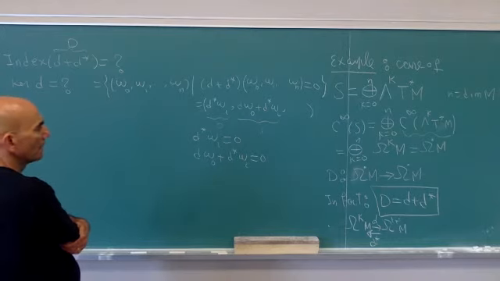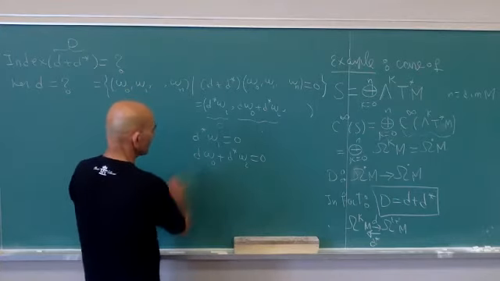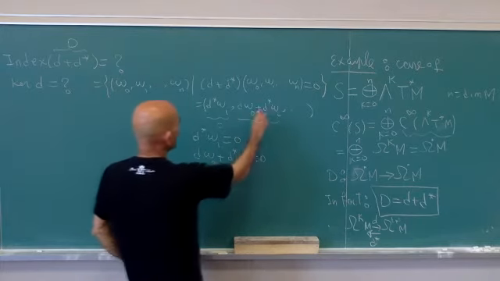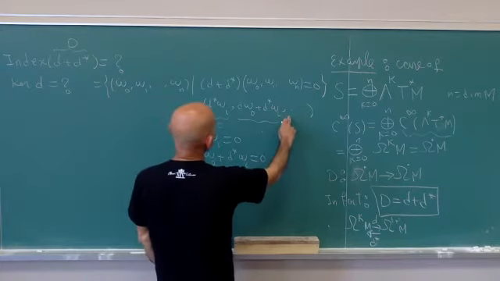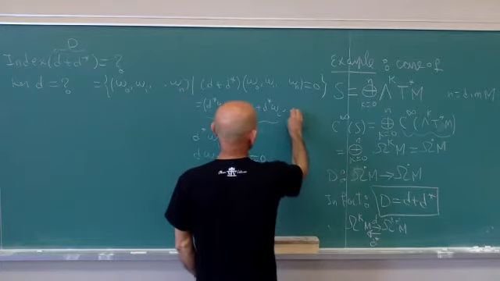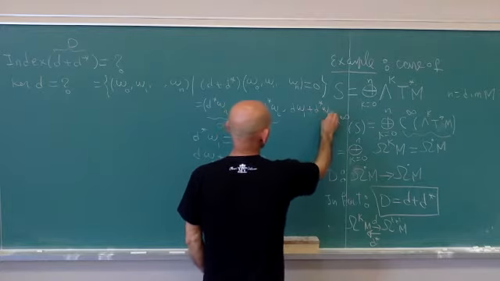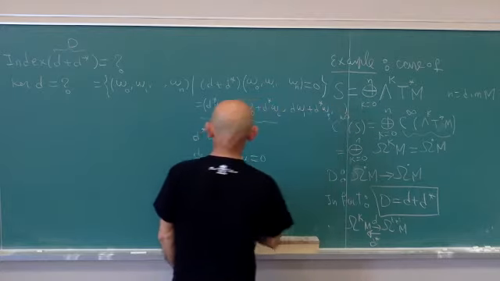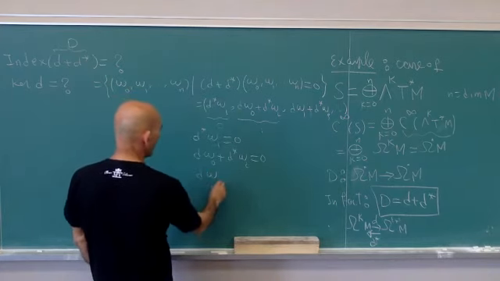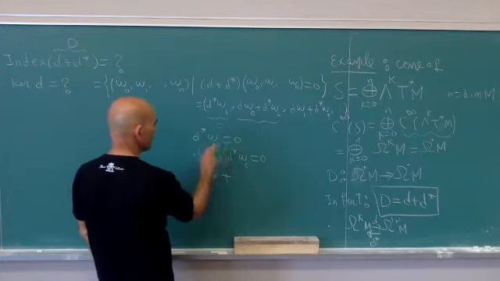By the way, what's the next term in this case? I get d of omega 1 plus d star of omega 3. Let me write it in a more symmetric form.